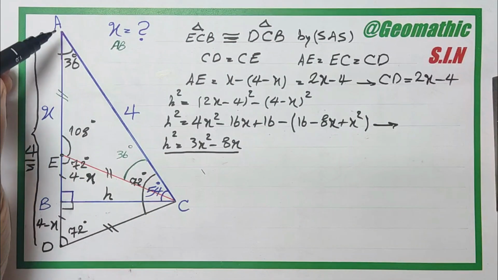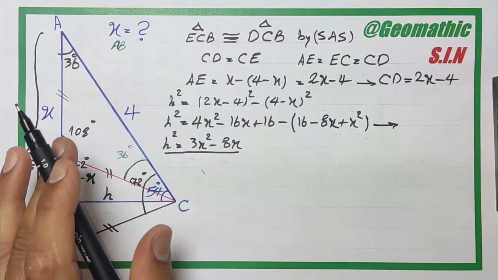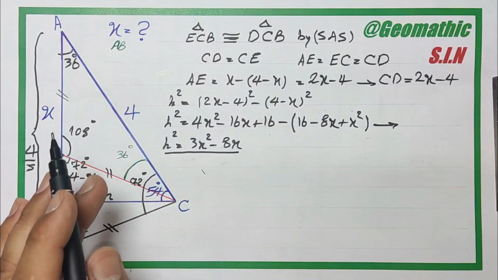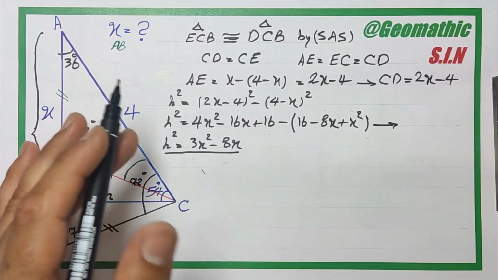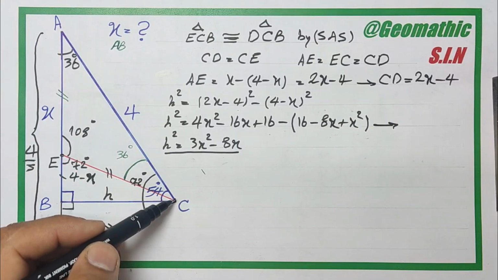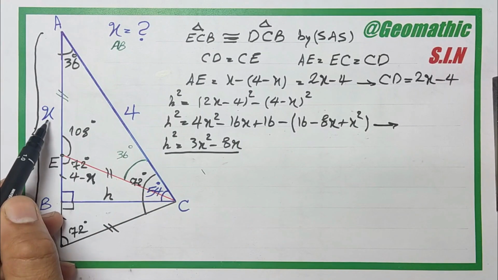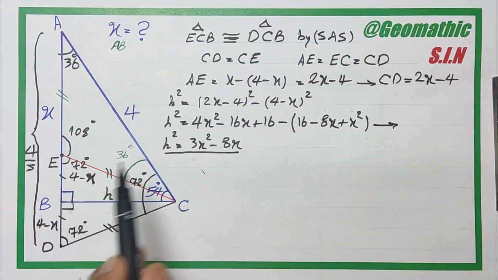Back to the main triangle ABC, which is a right triangle, and we can use the Pythagorean theorem again. AC is the hypotenuse and equals 4, one side is X, and H that we already found.